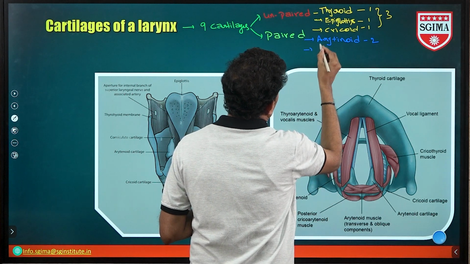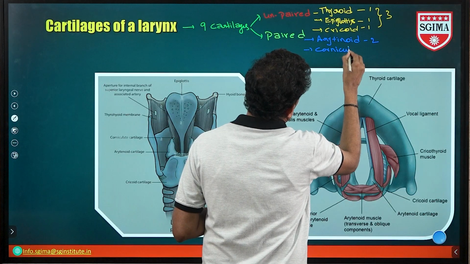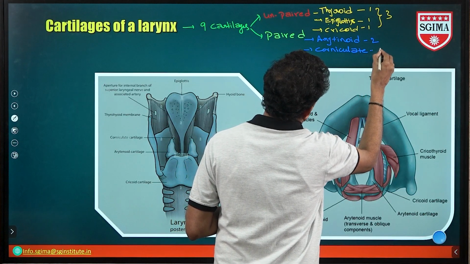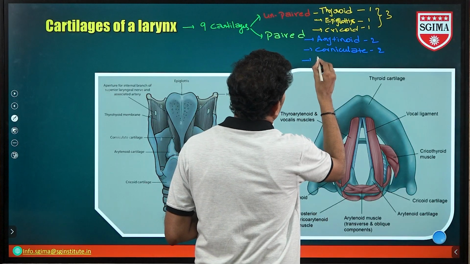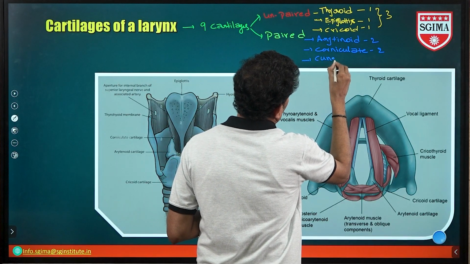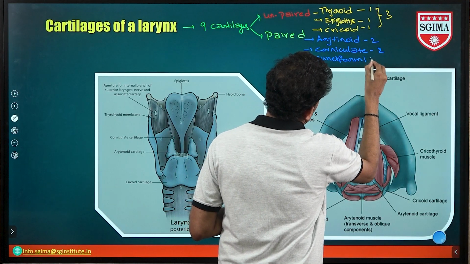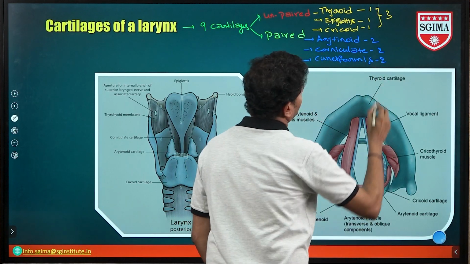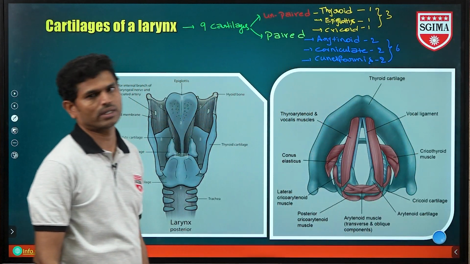And next one is corniculate cartilage. These are also 2. And another one is cuneiform. So this is also 2. Totally these are 6. So 6 plus 3, that is 9 cartilages.